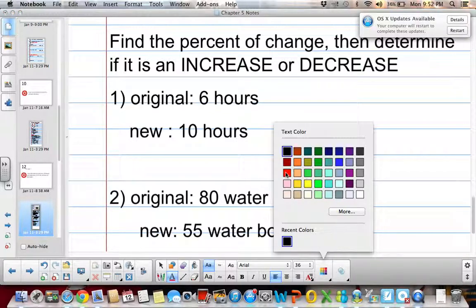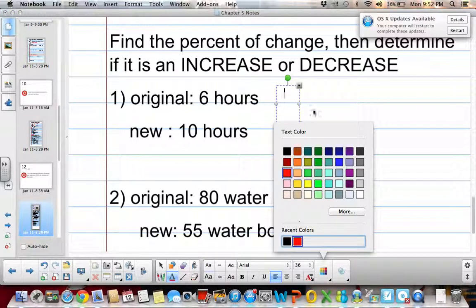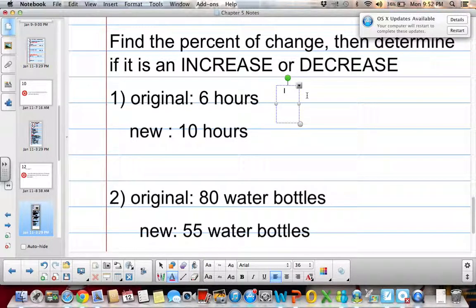Okay, let me change my color here. So percent of change. So we take the difference, 10 minus 6. Okay, 10 minus 6 equals 4. And then we take the original amount, so 4 over 6.